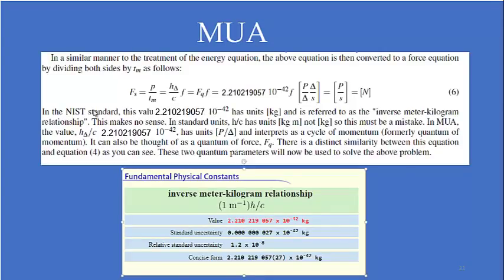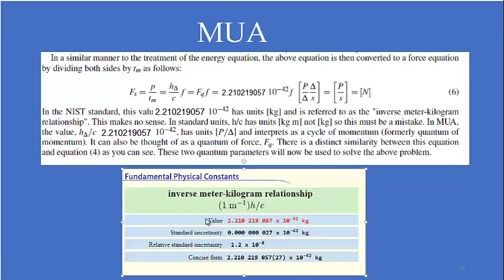In the NIST standard, this value, 2.2102189 times 10 to the minus 42, is assigned units of a kilogram and is referred to as the inverse meter-kilogram relationship. This makes no sense.